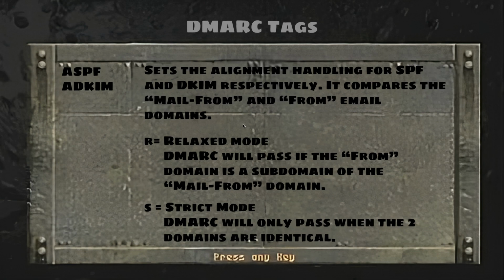It will treat that as the same. In other words, in relaxed mode, any subdomain of the main domain will pass just fine. In strict mode, that will fail. Strict mode says that those two have to match, whereas relaxed mode says that they have to be in the same organizational domain, and that's it. Hopefully that makes sense.